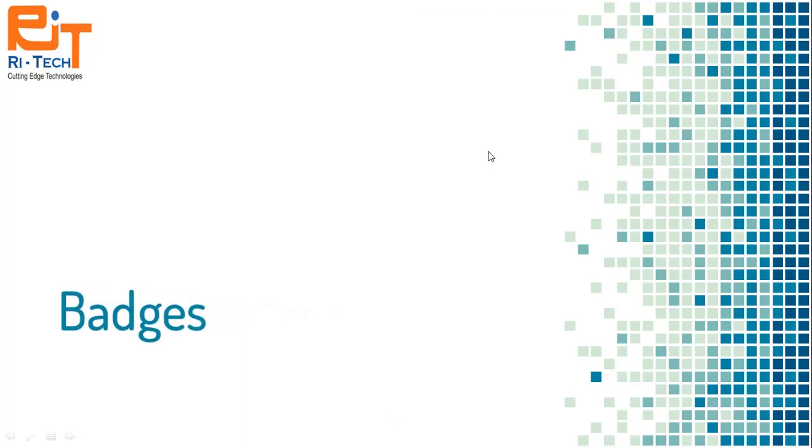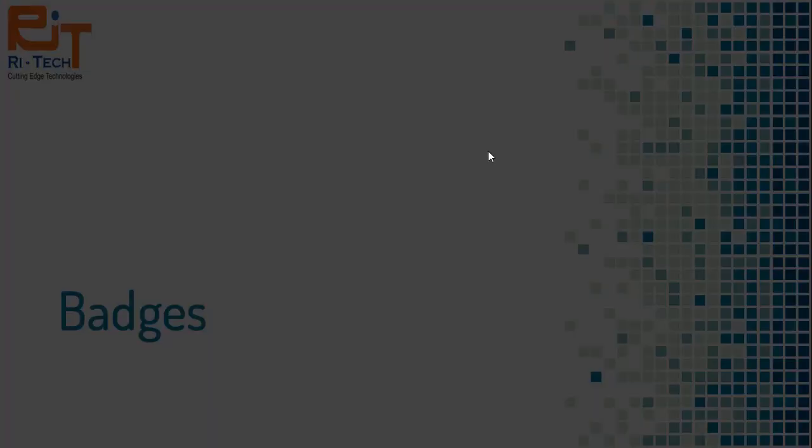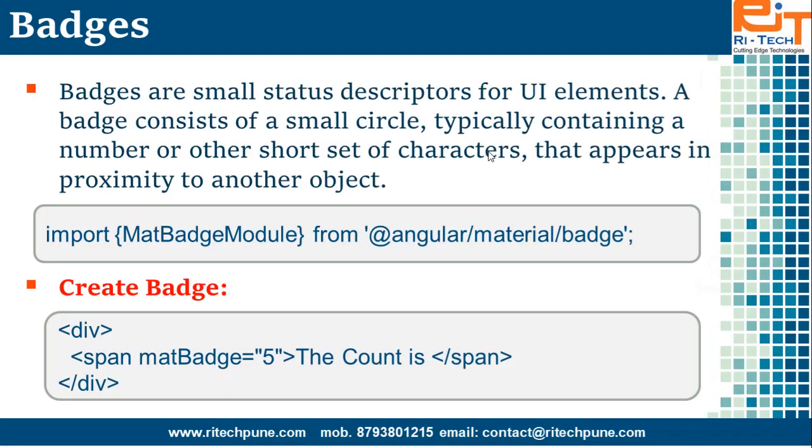Now let's try to understand badges. So what is basically a badge? A badge is a small status descriptor for UI elements. A badge consists of a small circle, typically containing a number or other short set of characters, that appears in proximity to another object.